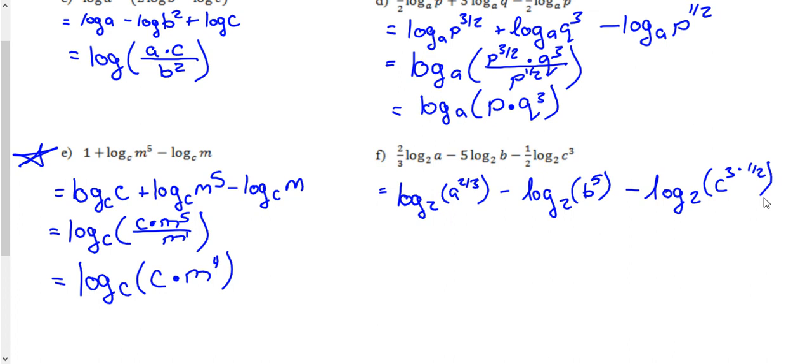There we go. Let's combine everything together because it's all the same base right now. So we have log base 2 of a to the 2/3 in the numerator. The denominator is going to be b exponent 5, and c, if you multiply it together, 3 halves. And there we go.